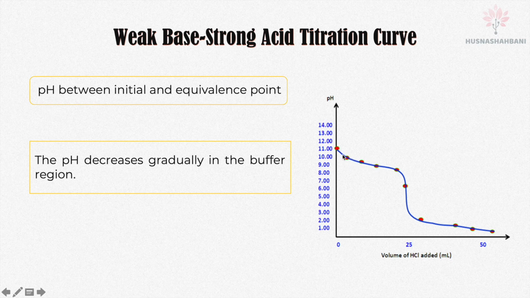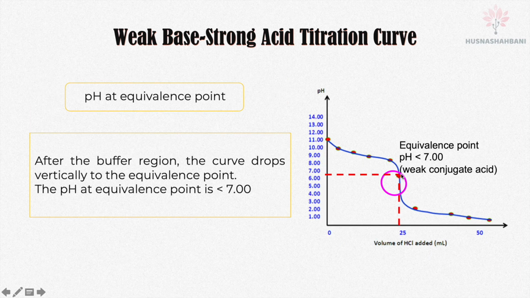Here, the conical flask consists of weak base and its salt, so that's why we call it the buffer region. And at the equivalence point, the conical flask only contains the salt and the water.